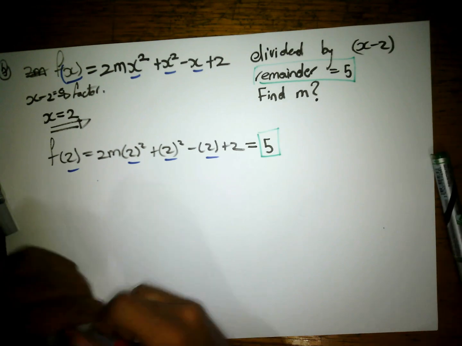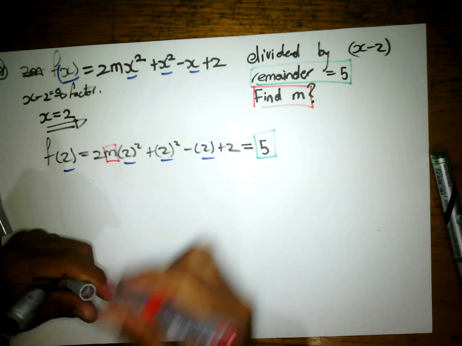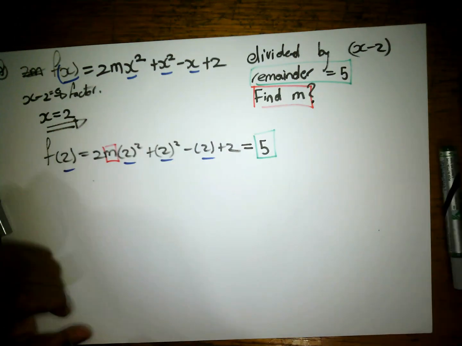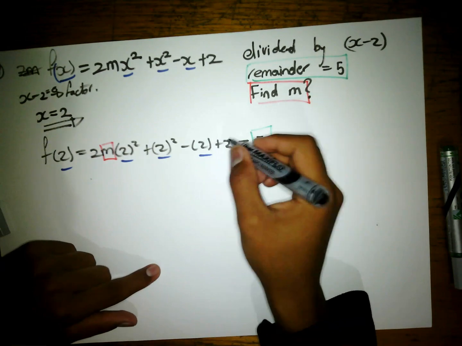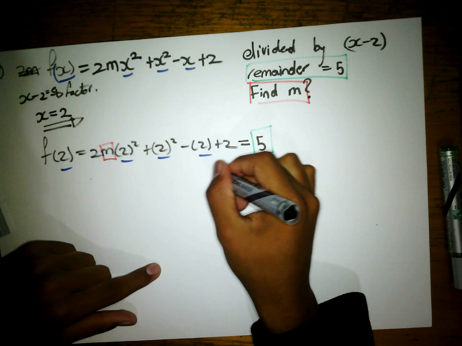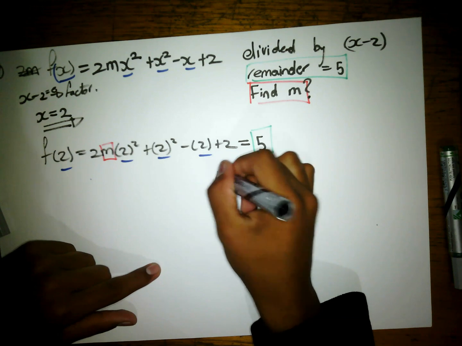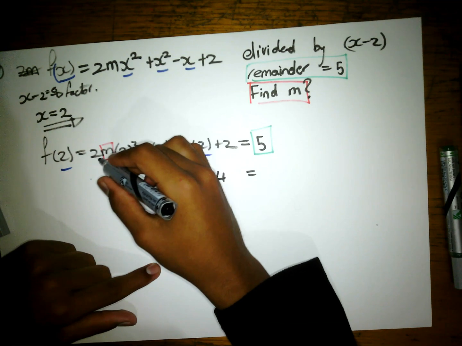And then we must get m. This is very simple. If you get this, you're very lucky. So this 2 plus that 2 cancels. Here's a 4. 2 squared is 4. 4 times 2 is 8.